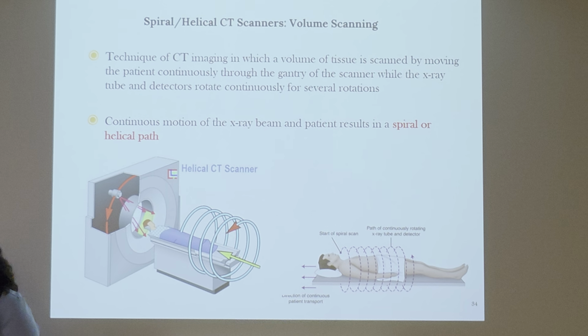So again, volume scanning is a technique where a volume of tissue is scanned by moving the patient continuously through the gantry while the scanner rotates around continuously. So the patient is going in, and the X-ray is going around the patient. Make sense? As you would see here, the path of the X-ray.